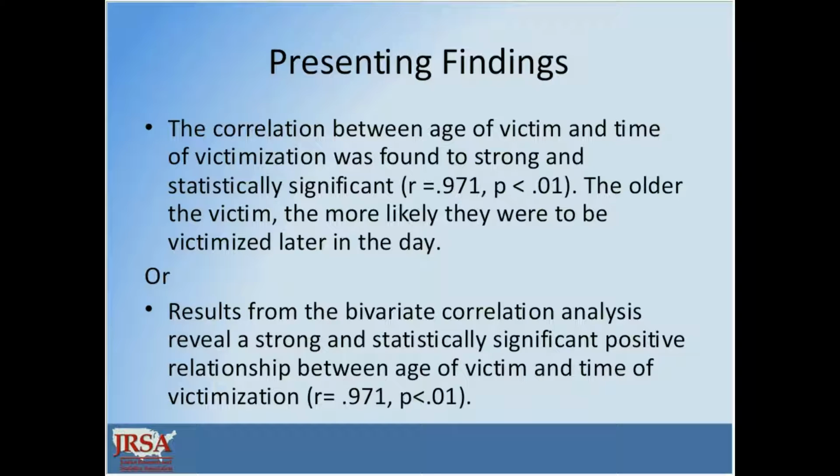You could say p is less than 0.05, but we have such a high significance level, 0.000, that I actually included p is less than 0.01. The next sentence is, the older the victim, the more likely they were to be victimized later in the day. Or you could say the results from a bivariate correlation analysis reveal a strong and statistically significant positive relationship between age of victim and time of victimization.